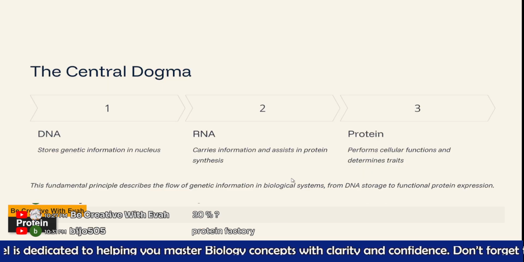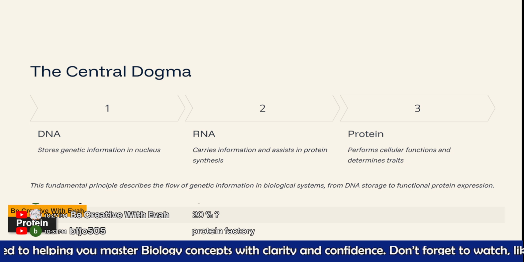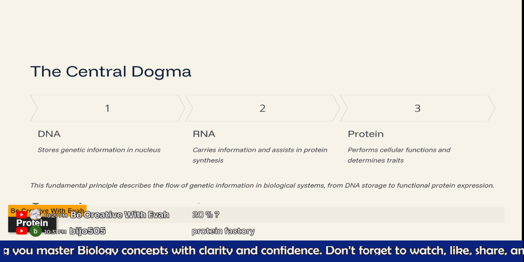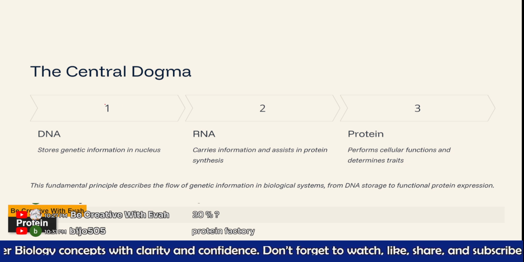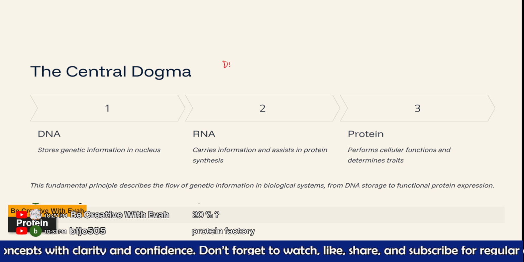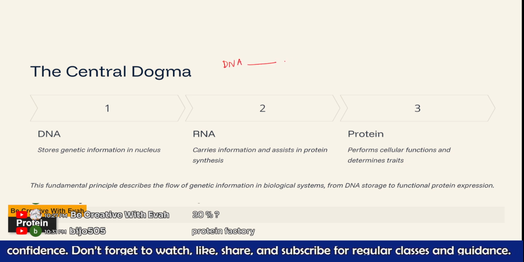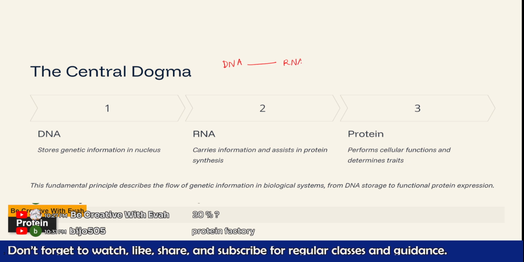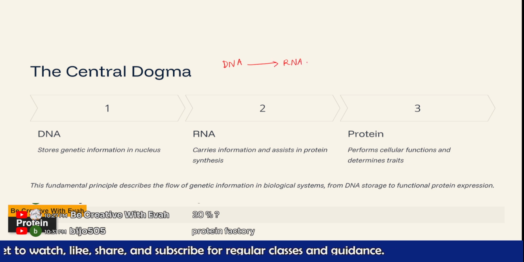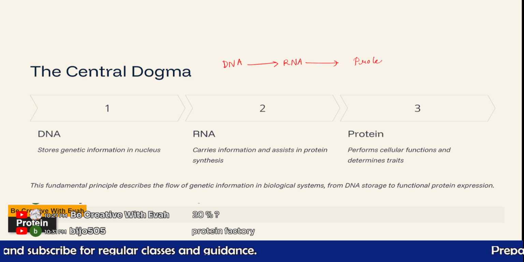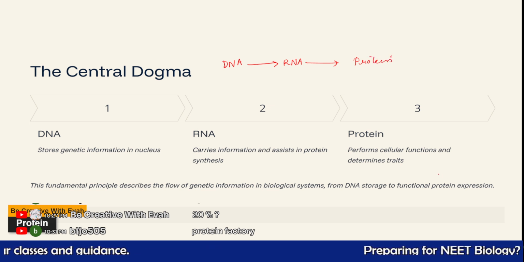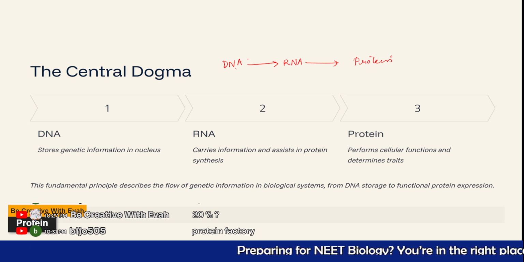So the last part, the central dogma. The central dogma in molecular biology explains that from the DNA, RNA will be produced. From the RNA, protein is synthesized. So the central dogma describes the flow of genetic information in the biological system.